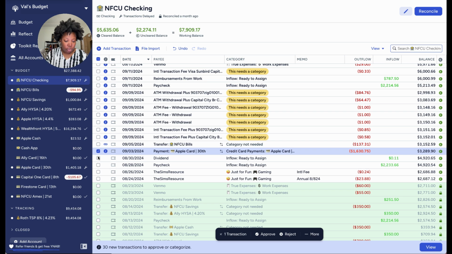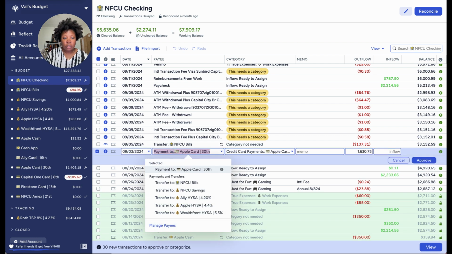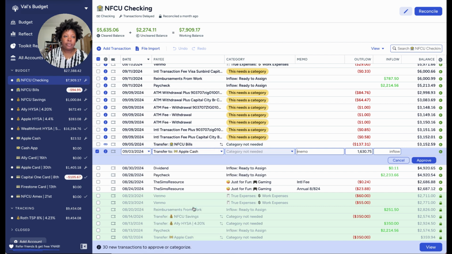Then I had a transfer to my Apple Cash to pay my Apple credit card off. So I transferred $1,630.75 to Apple Cash. So this needs to change to Apple Cash because I never pay my Apple Card directly from my checking account because it usually takes a couple of days.